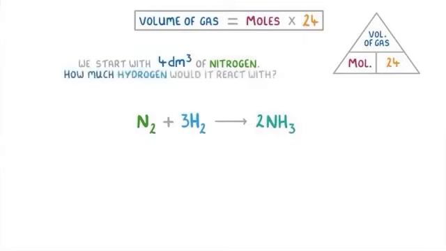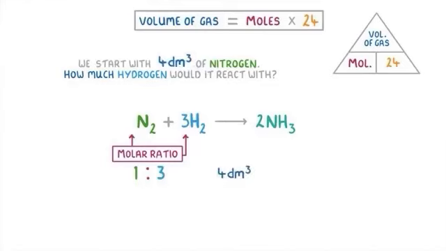You see that? So 1.5 moles of ammonia times 24, and you get 36 decimeters cubed. That idea takes you through the same kind of calculation if you're looking for the volume of the product that reacted.